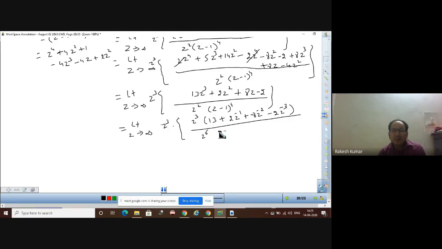So ultimately z power 6 is common, 1 minus z inverse raised to power 4. So z cube over z6 is cancelled. When you take the limit z approaches to infinity, the z inverse terms give 0, and similarly there is also 0. So 13 on 1 comes out to be 13. By this way, using the initial value theorem we get the required term, whatever we require. This is a very important application of the theorem.